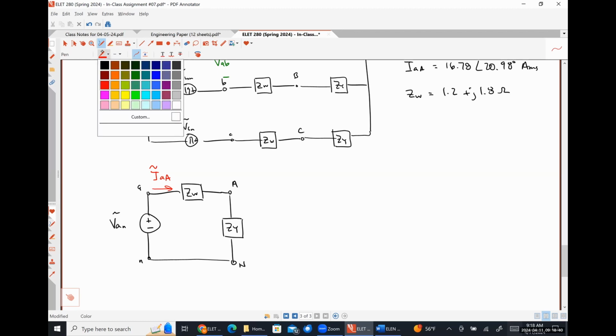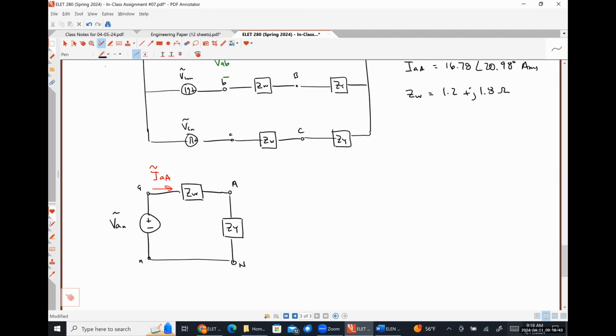So ZY will be whatever this voltage VAN is, divided by whatever this current IAN is. Are we all okay with that? That's just Ohm's law, right? So I'm going to write that down over here. ZY is just VAN over IAN.